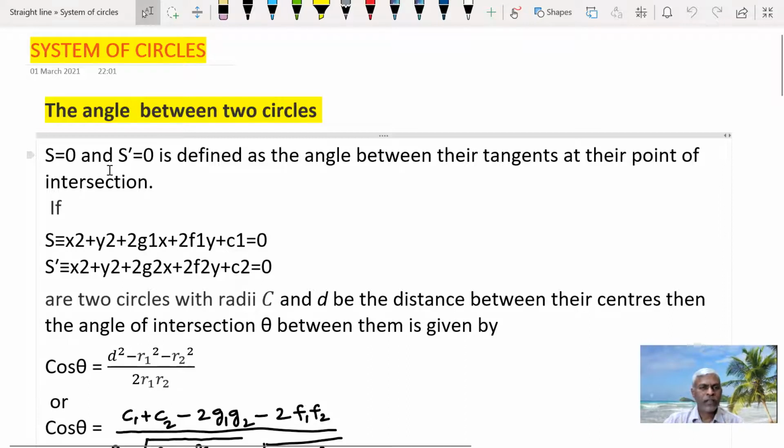S is equal to 0 and S dash is equal to 0, the given two circles, then the angle between two circles is defined as the angle between their tangents at their point of intersection. రెండు వృత్తాల మధ్య కోణము ఆ రెండు వృత్తాల ఖండన బిందువు వద్ద గీసినటువంటి స్పర్శరేఖల మధ్య కోణమే రెండు వృత్తాల మధ్య కోణం అవుతుంది.